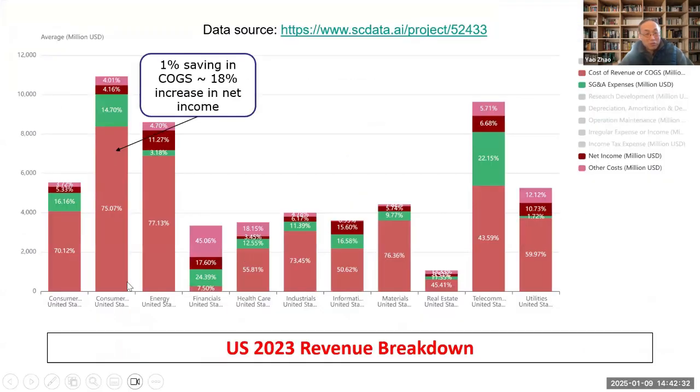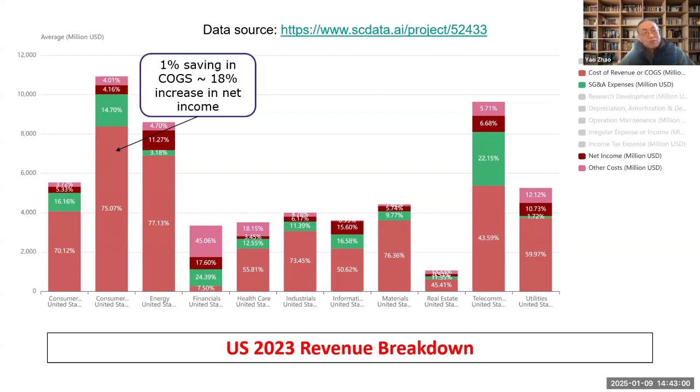Let's say, for example, consumer staples. The cost of goods sold accounts for 75% of the revenue. 75%, that's 3/4. So a 1% saving in cost of goods sold is about 0.75% of the revenue. And their net income is only 4.16% of the revenue.